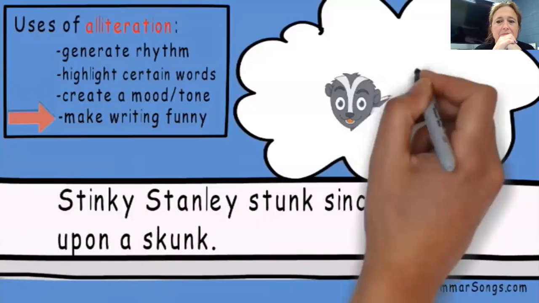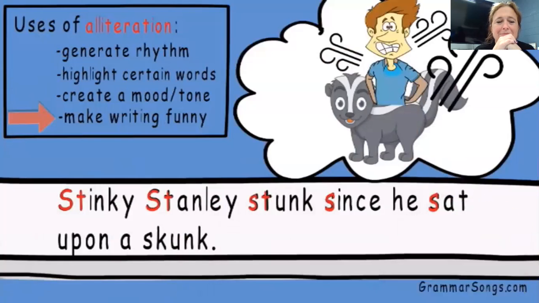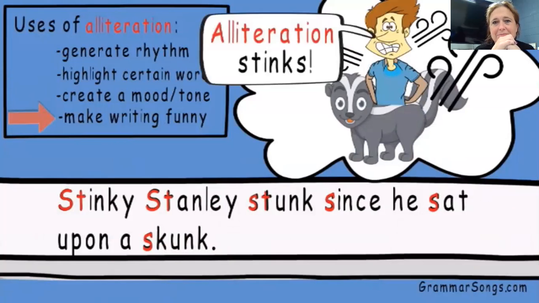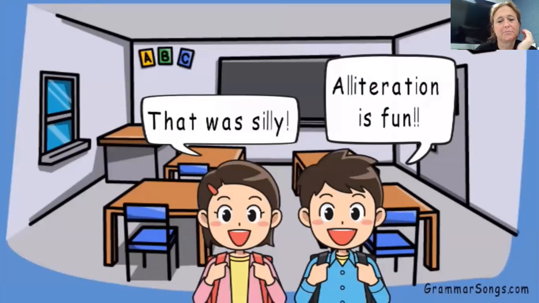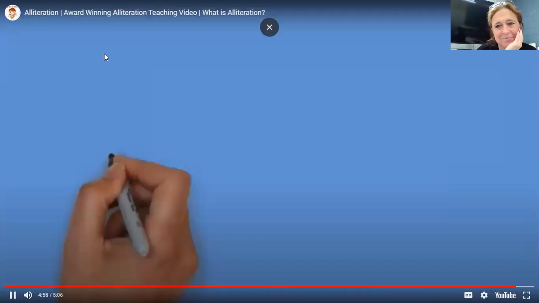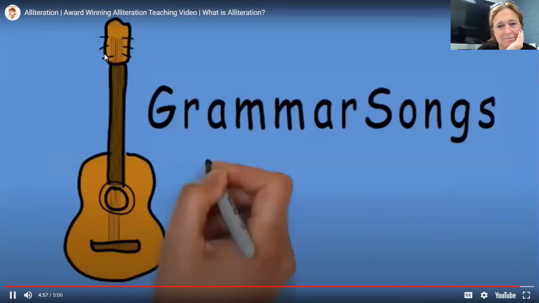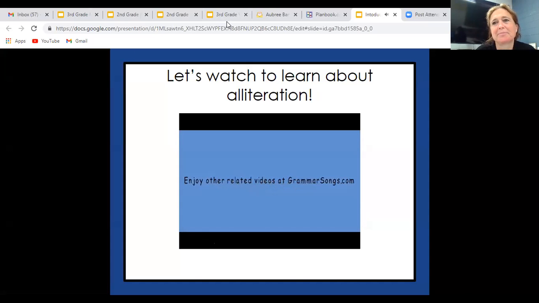Stinky Stanley stunk since he sat upon a skunk. The ST blend and adjoining S's along with the rhyming create a bouncy fun effect. Poor Stanley. Alliteration stinks! That was silly! Alliteration is fun. I'm glad you think so. I can't wait to read your writing. Thank you for joining me at Grammar Songs by Melissa. Enjoy other related videos at grammarsongs.com.